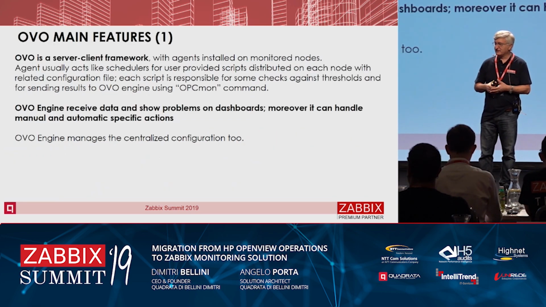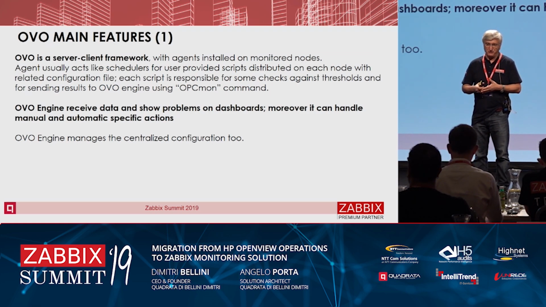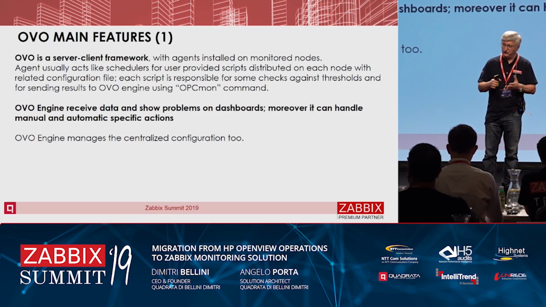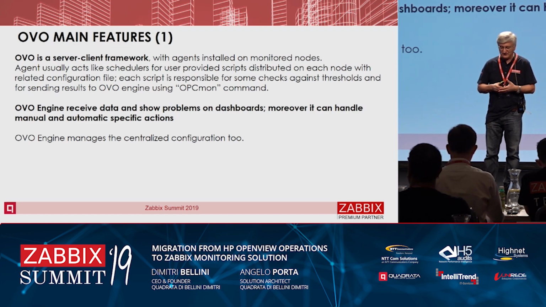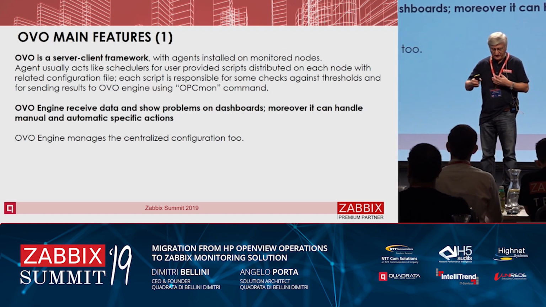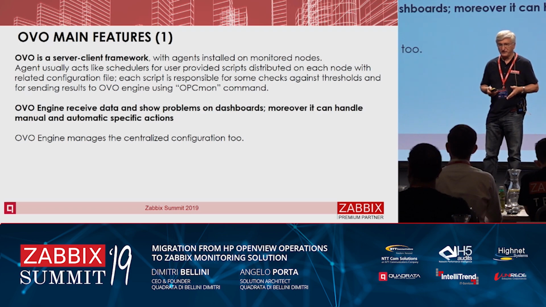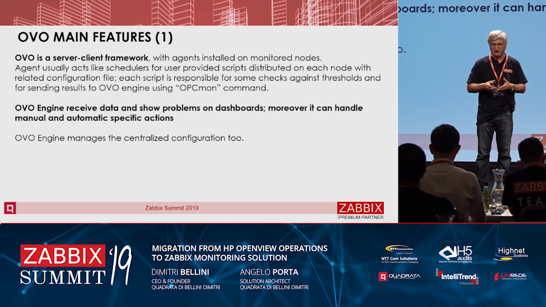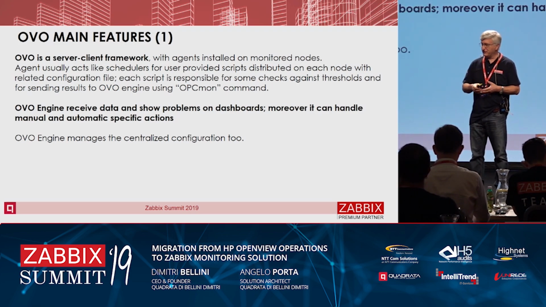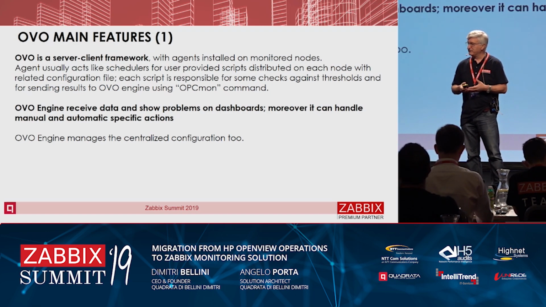Now, what are the main features of HP OpenView? It is a server-client framework, like Zabbix, but not like Zabbix, because in HP OpenView the agent is mainly a scheduler for running custom scripts. So if you buy HP OpenView and you put it in place, you have basically nothing or almost nothing. You have to develop your own script for doing whatever you want.